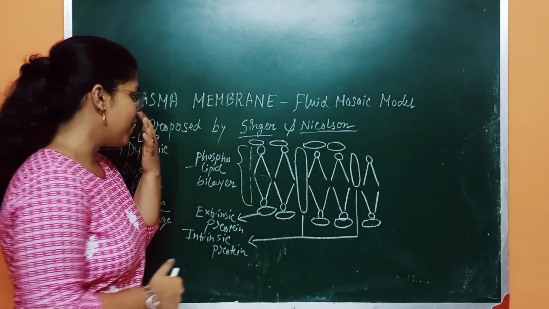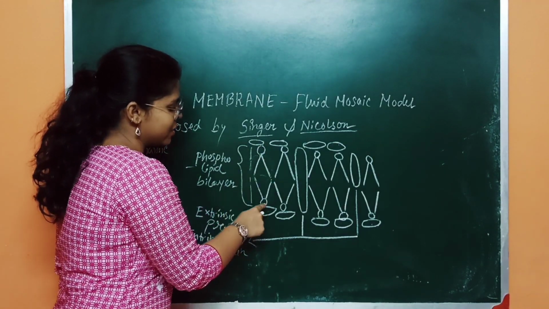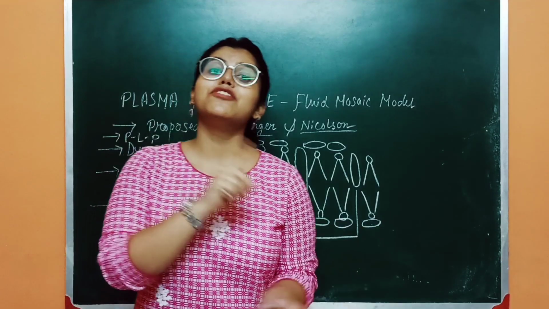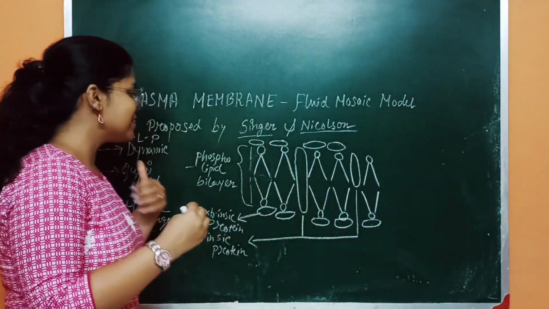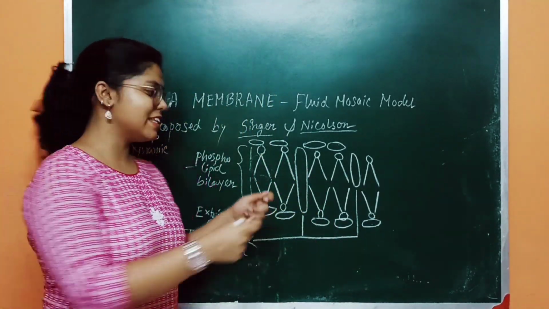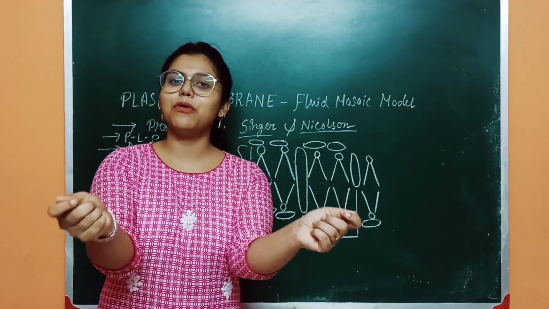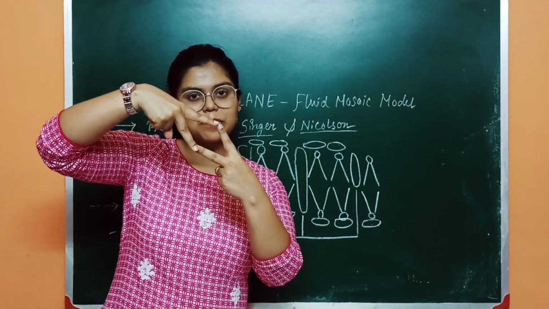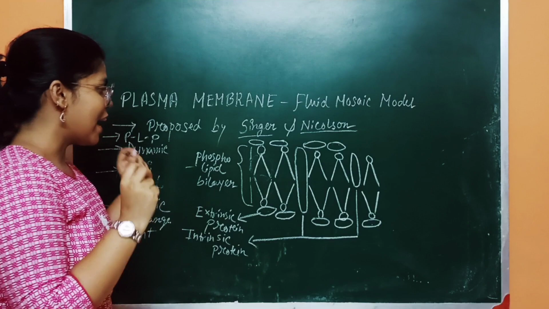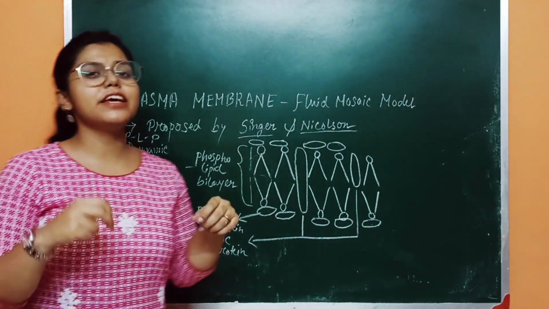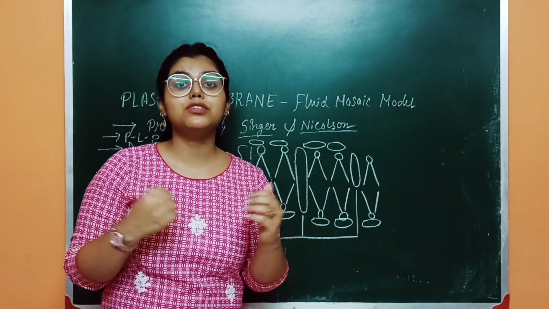One human head is present on this side and the other is present inverted. And they can interact among themselves by holding their hands just like this. So like this, you can imagine the plasma membrane structure.